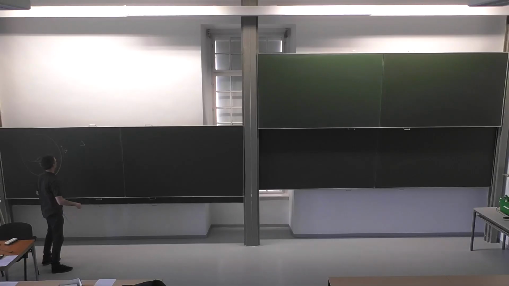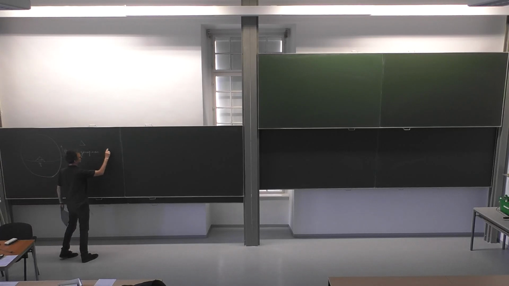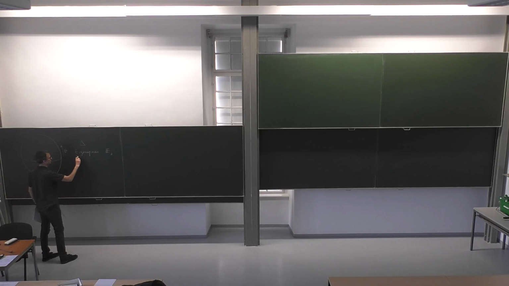So let me recall it. The eigenspaces of this operator will be denoted E_j, and they have dimension 2j plus 1. So obviously E_0 is just the constants, so it's not very interesting.